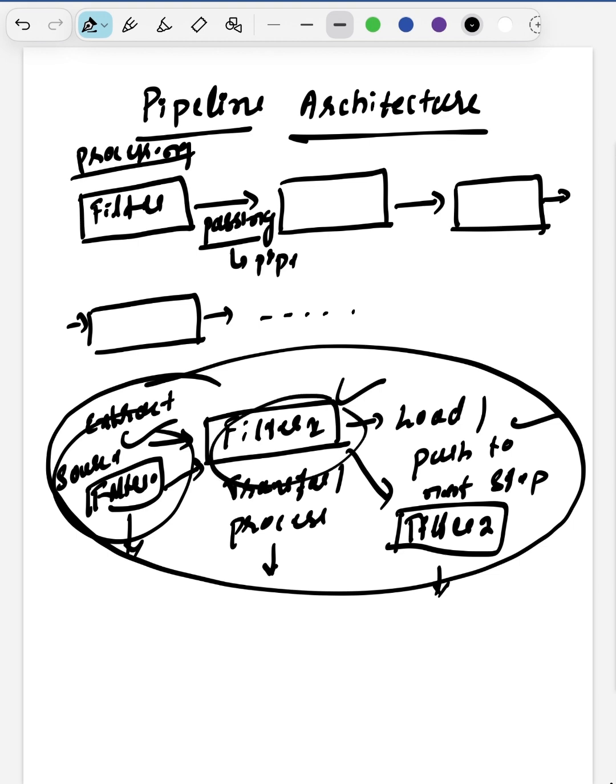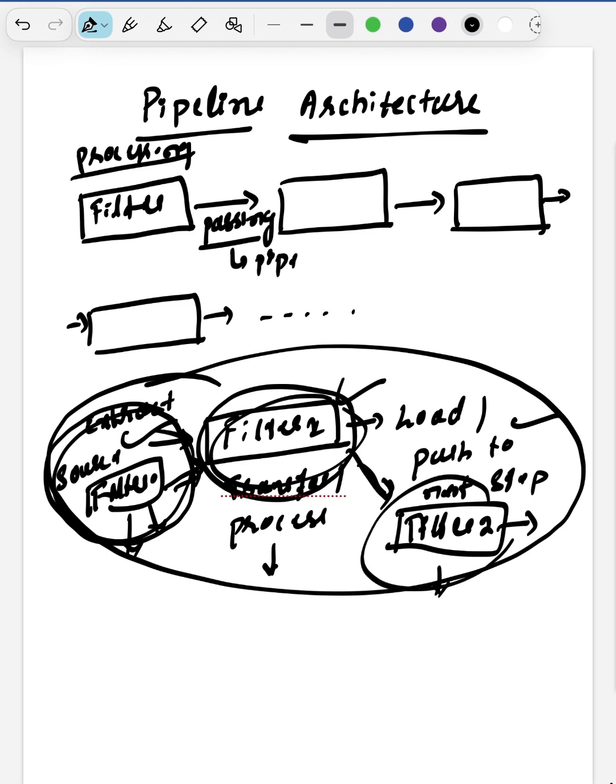No filter knows or cares about what happened before it or after it, how the data was handled in filter 1 or how it is going to be handled in filter 2. Each filter operates independently. In fact, it is testable on its own. There is no connection between filter 1 and 2, so this can be tested independently, and the same here.